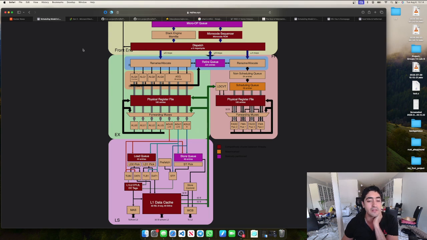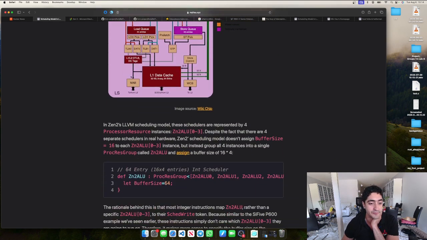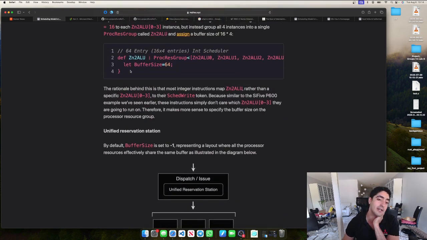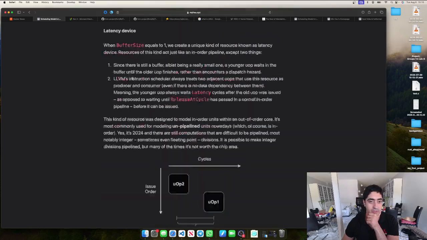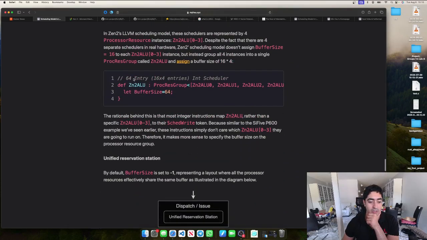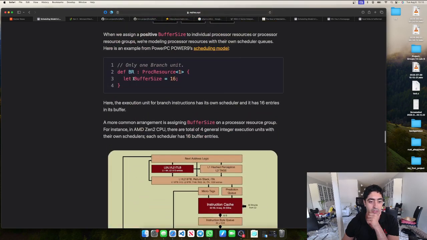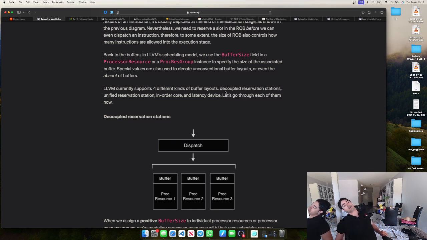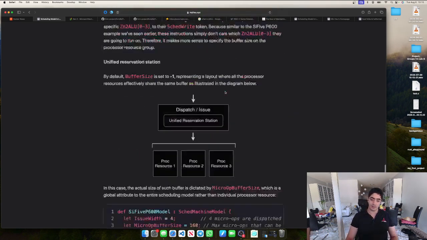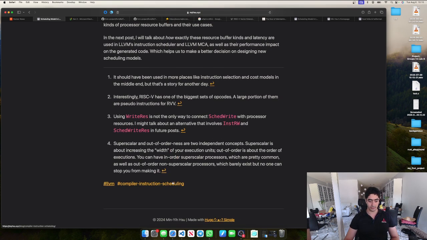So maybe this is something these guys came up with. I don't know. And then we had that fourth thing, the unified selection zone, and then not the epilogue. Unified. Here we go. Decoupled reservation stations. Unified reservation station, in-order core and latency device. Okay, so I guess that's understandable too.